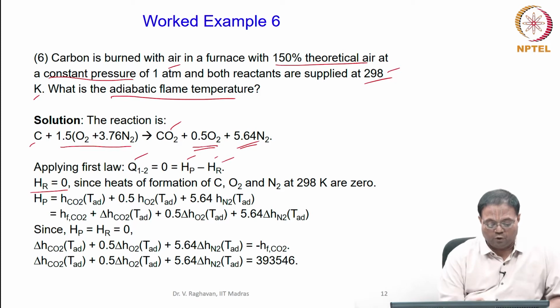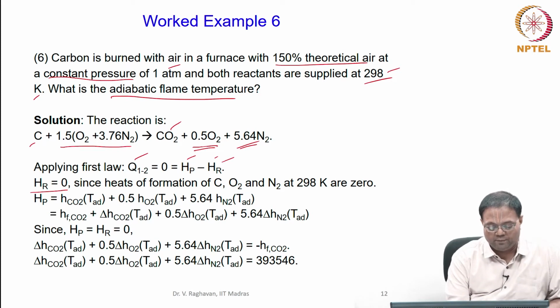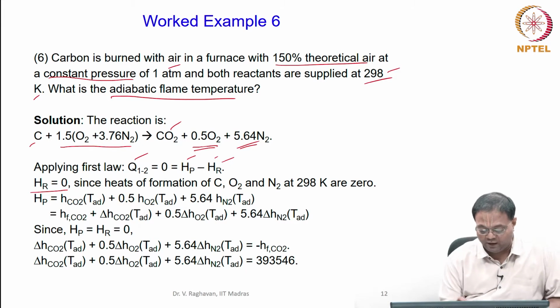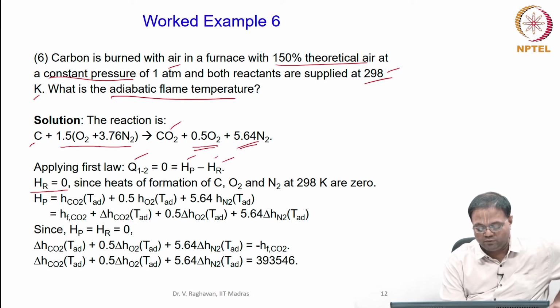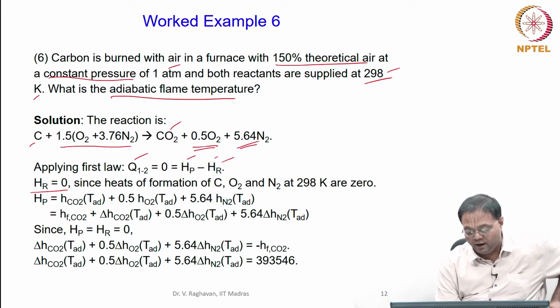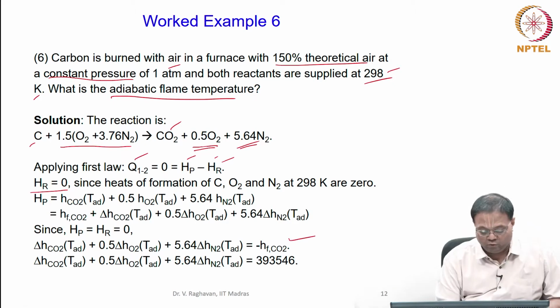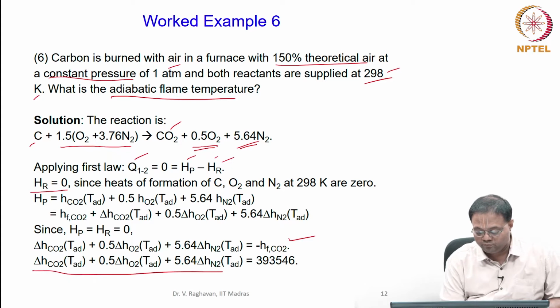Okay. Now since Hp minus Hr equals 0, and Hr equals 0, Hp also should be equal to 0. Using that, I can rewrite this with the delta H terms on one side and Hf of CO2 taken to the other side. So I get this equation.